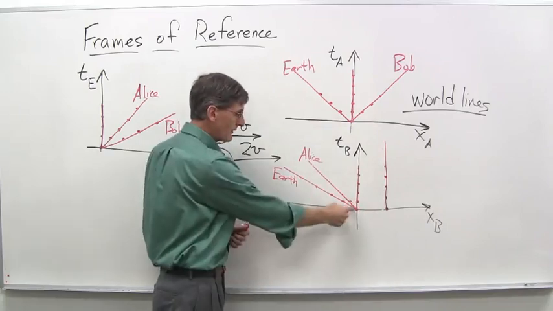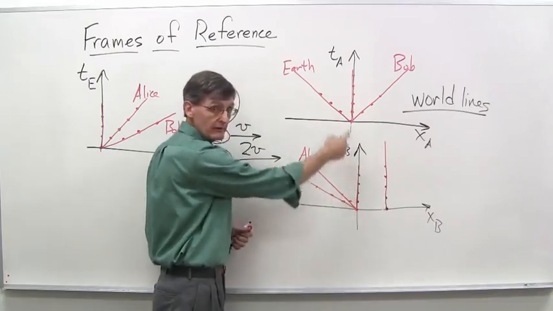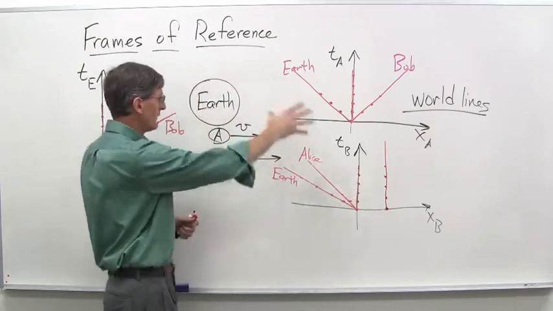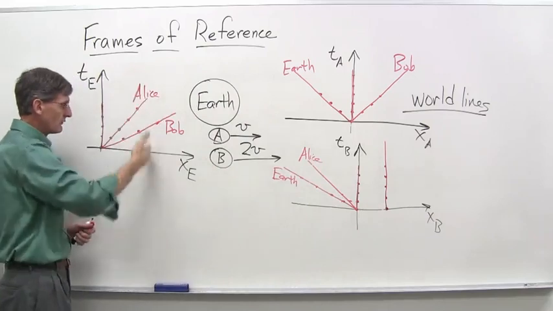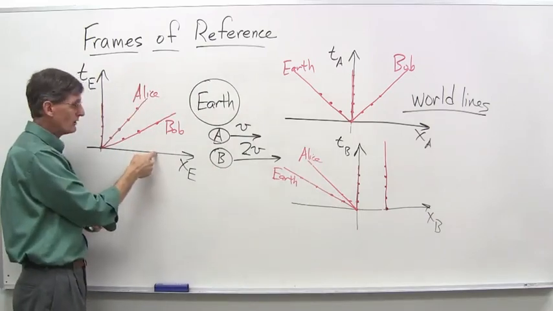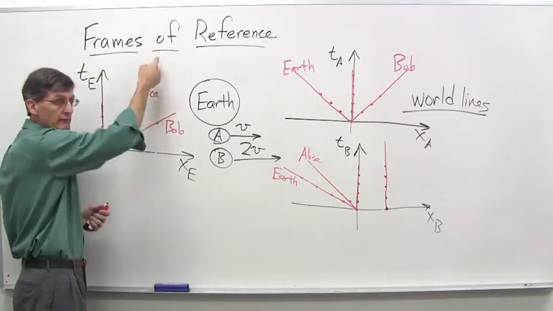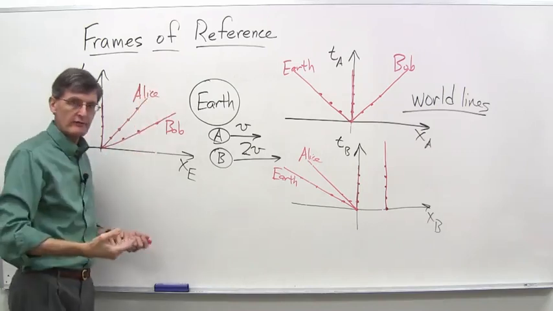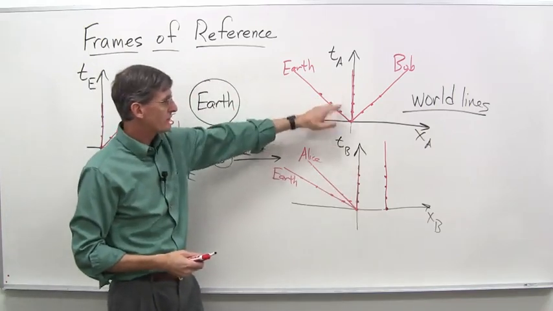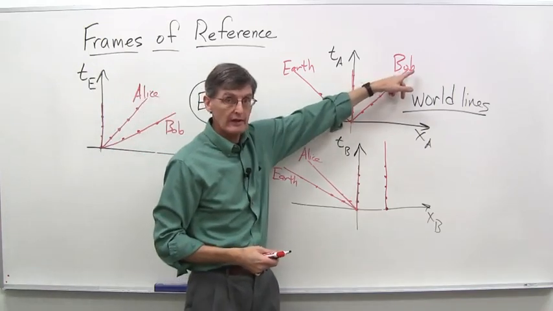Just like Bob in the cockpit is staying in the same place at the 0 mark. Maybe this is the 10-meter mark they had there. Same thing for any of these other things. We could draw a vertical line, and that represents an object sitting at that location that is not moving in that frame of reference. But of course, in another frame of reference, it is going to be moving. The front of Bob's spaceship to Alice is going to be a line like that, in fact.